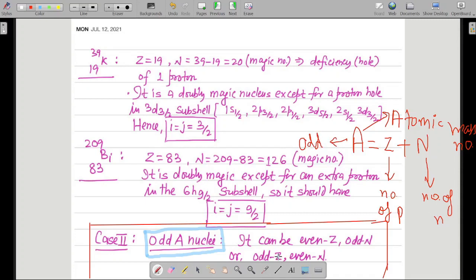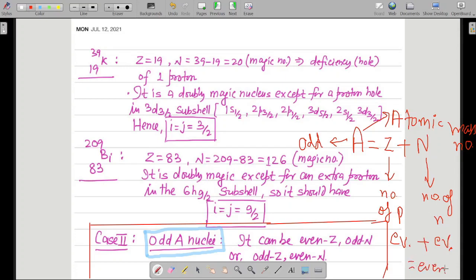It is quite obvious that if the number of protons is even and the number of neutrons is even, then even plus even will be equal to even.